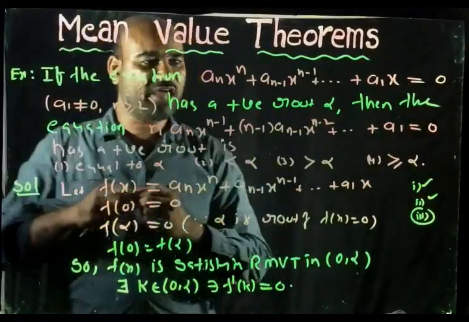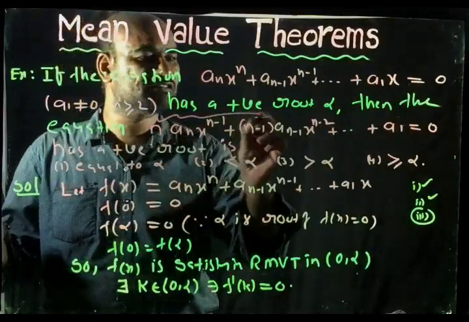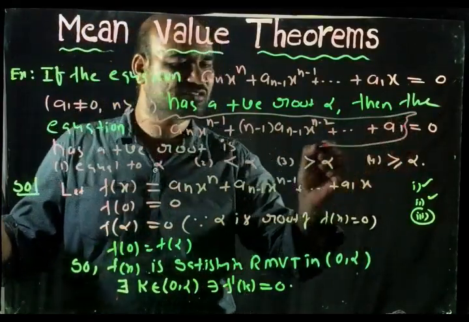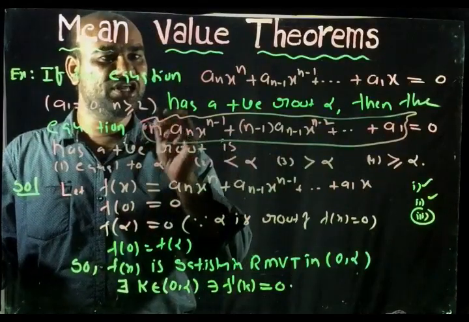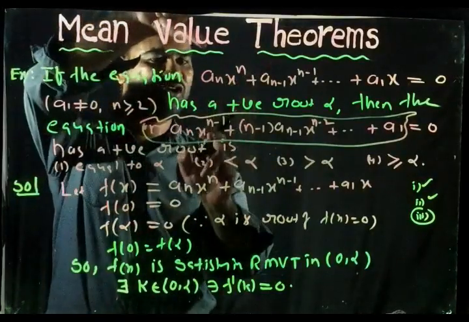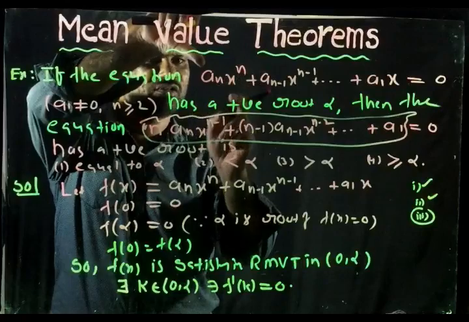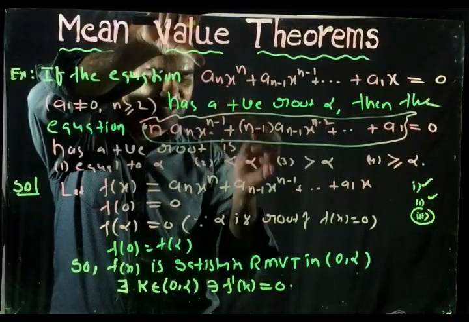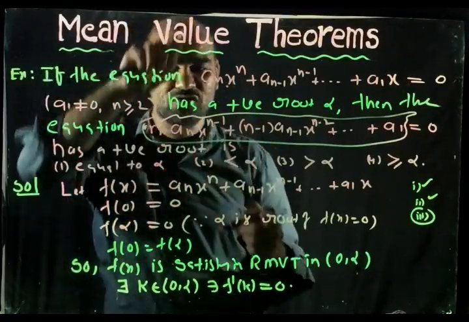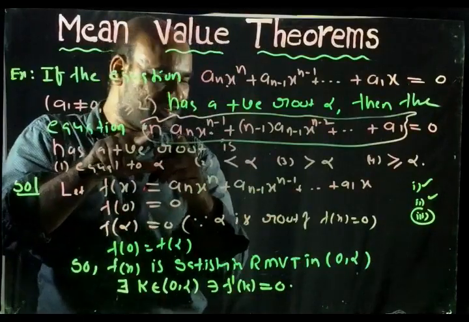Observe here, the actually required function is this. Observe this: this is the derivative of this. n into something, so this is the derivative of this. Now I can say f'(k) equal to 0 means k is a root of this equation only.